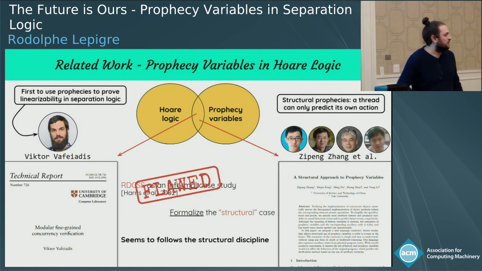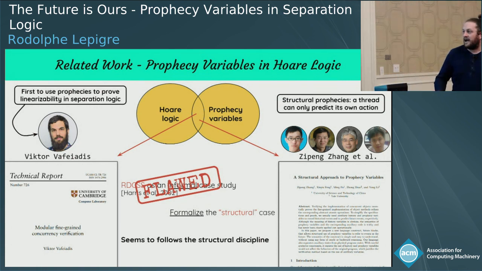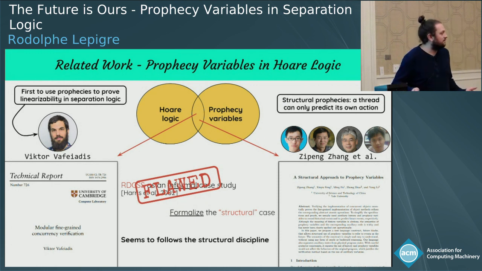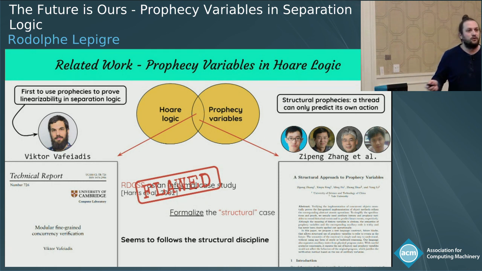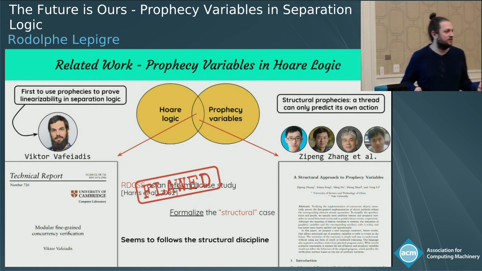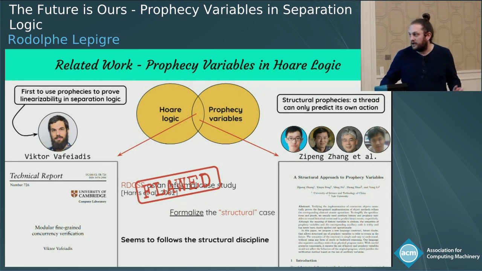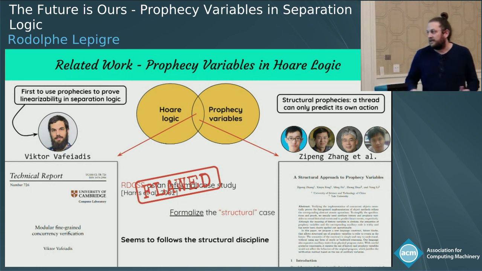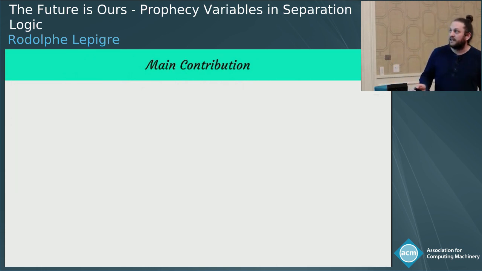We talked to him, he confirmed it, so the proof is really broken. And it seems that this proof cannot be fixed by sticking to the structural discipline. So we really need a more general framework for prophecy variables and a formal presentation of that. So that's exactly what we've been doing.